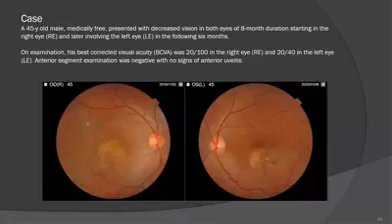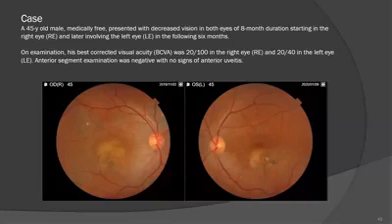So before I finish my talk, I just want to present to you the last case. This is a 45-year-old male, medically free, who presented to my clinic with a bilateral gradual drop of vision of 8 months duration, starting in the right eye and then involving the left eye.